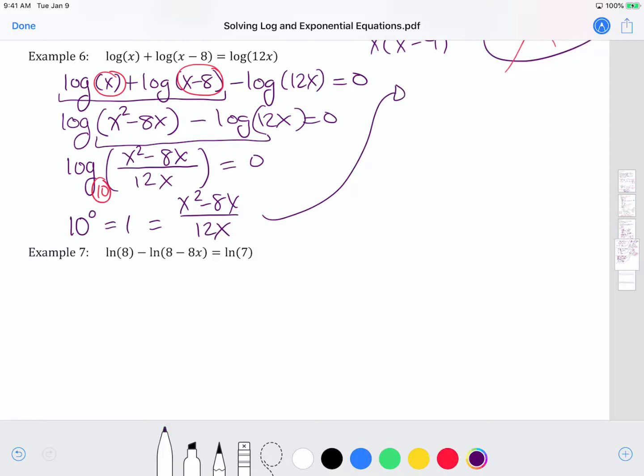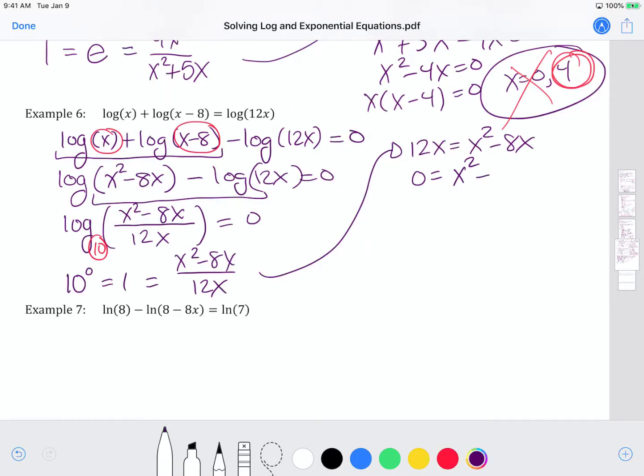So now, just like the previous examples, I can use cross multiplication, or I can just multiply both sides by 12x to finish solving for x. So I have 12x is equal to x squared minus 8x. So I'm going to subtract 12x from both sides, and that is going to give me 0 is equal to x squared minus 20x.